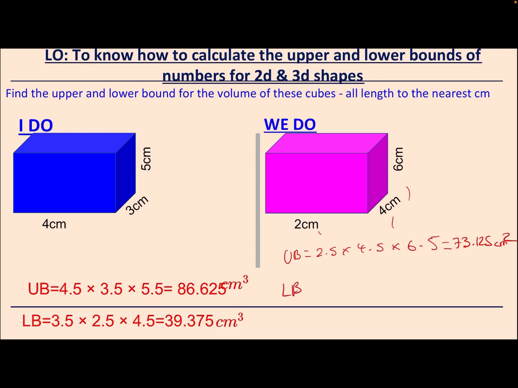Okay, and for the lower bound, we're going to be using the lower bound for each of these lengths. So the first one's going to be 1.5 times by 3.5 times by 5.5, and our answer ends up being 28.875 centimetres cubed. All right, I'm going to be now moving on to the next slide.